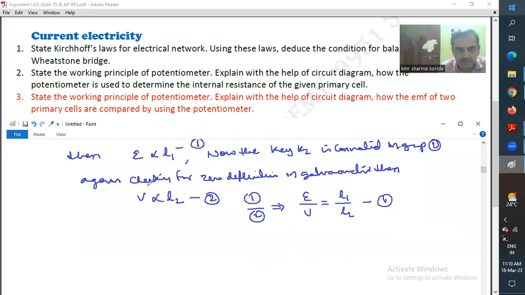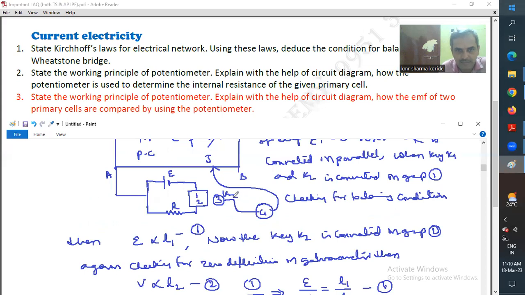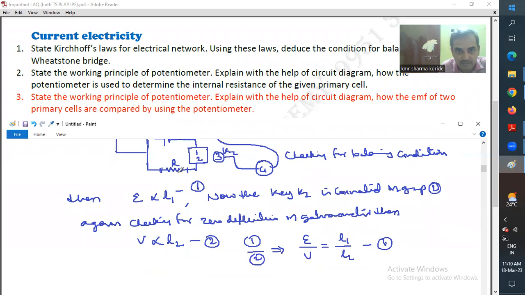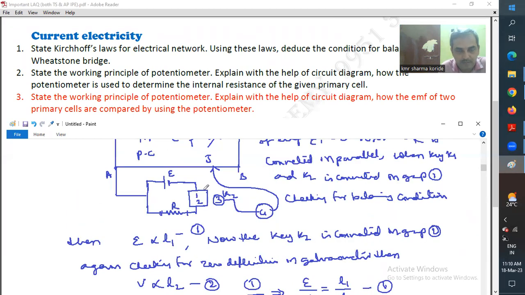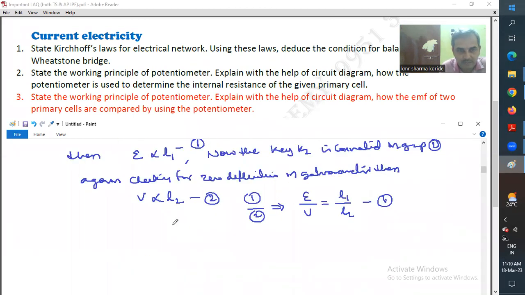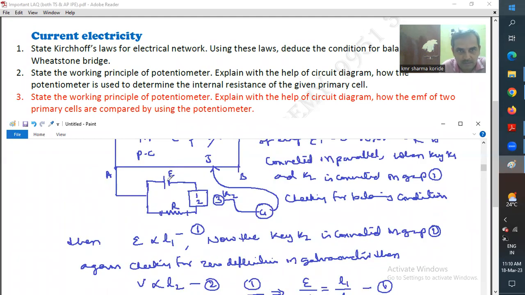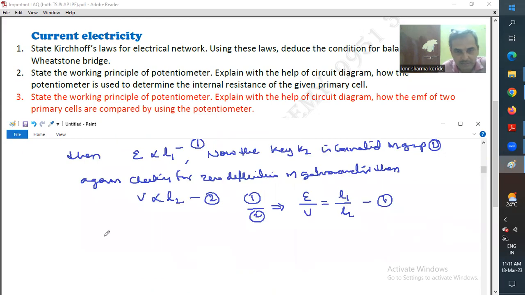Now, apart from this, when the key K2 is connected in the second gap, the potential drop across the resistance which is connected in parallel to the cell is the terminal potential difference across the terminals of the primary cell connected in the secondary circuit. So therefore, V is equal to EMF minus Ir. So this is called a closed circuit.